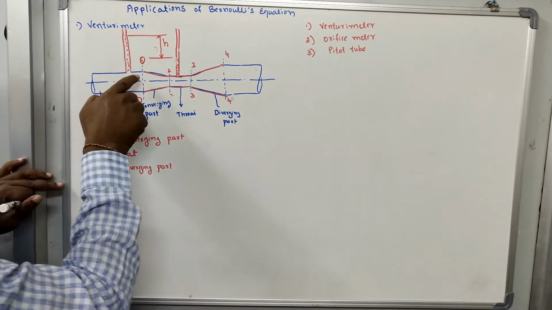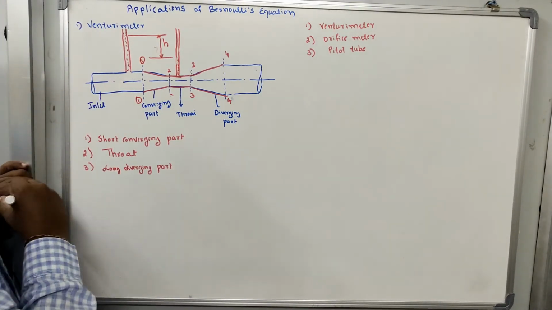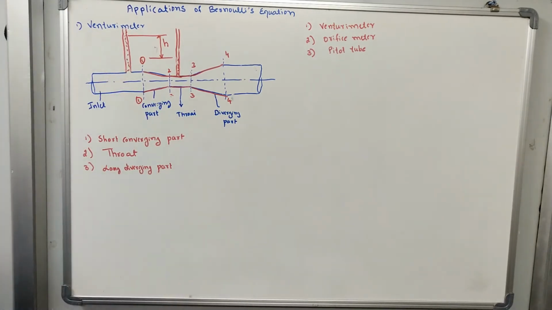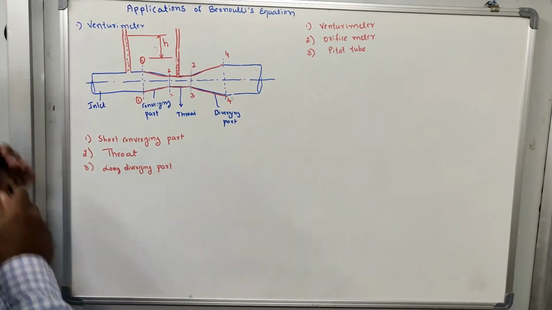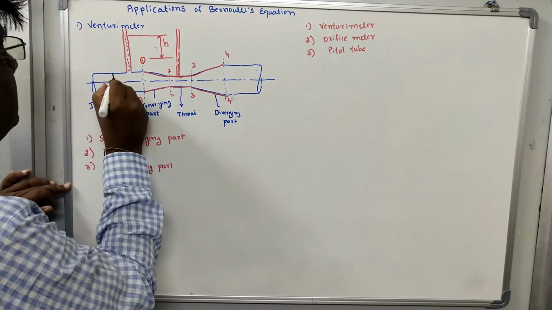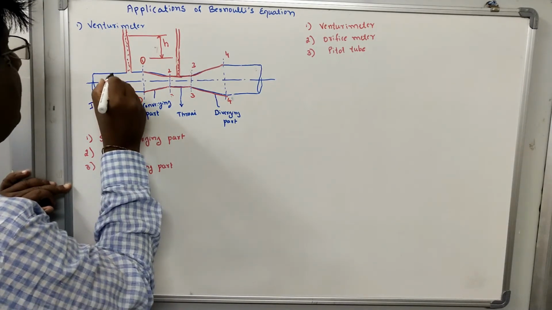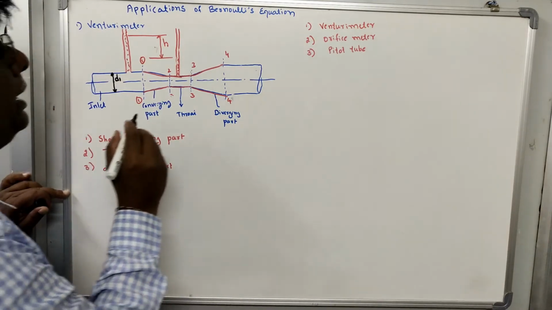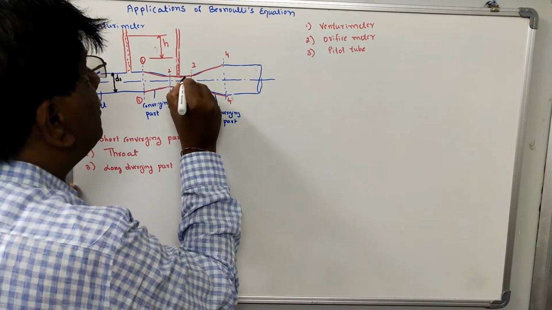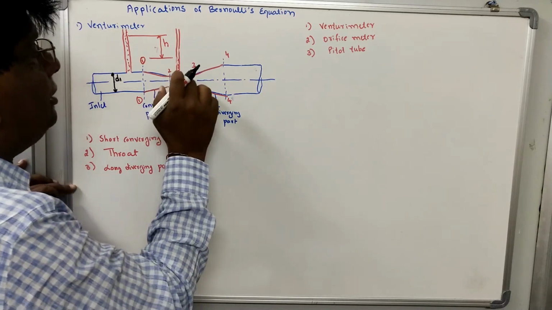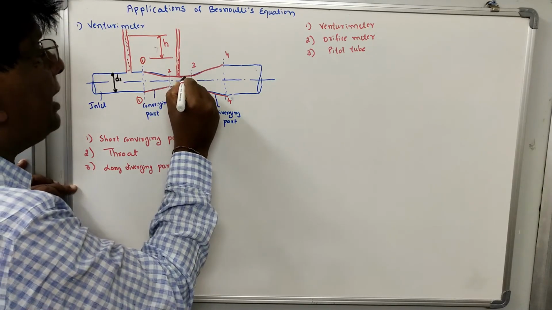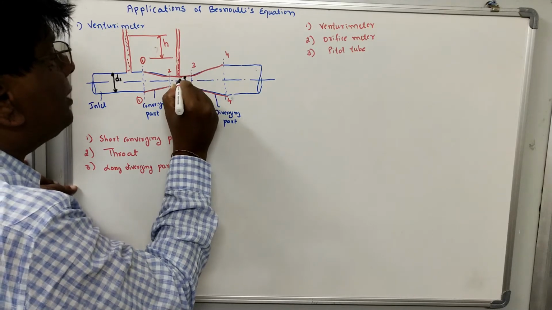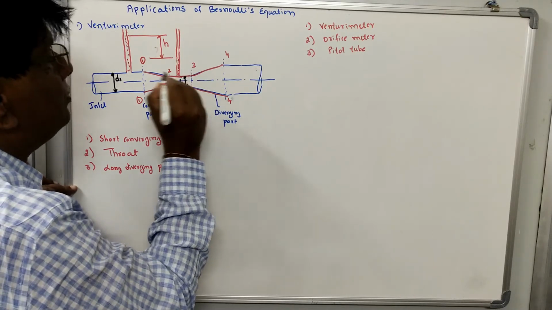So the venturimeter consists of three parts. See here, let us take this section 1. At section 1 the diameter of the pipe is D1. At the throat portion, or reduced diameter, at section 2, the diameter is D2.